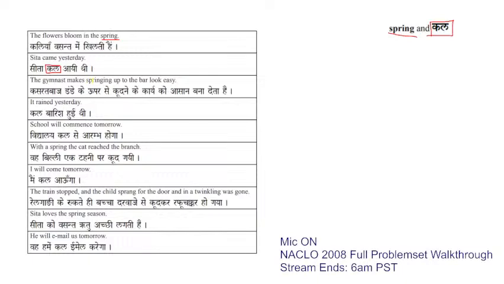So springing, that could be a verb conjugation, though I doubt they're the same word. We'll see. It rained yesterday. School will commence tomorrow. With a spring, the cat reached the branch. I will come tomorrow. The train stopped, and the child sprang for the door and in a twinkling was gone.